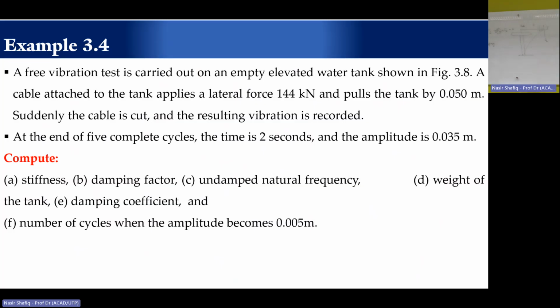As you pull the tank to distance x, you then release the force. The elastic restoring force will tend to return it to the original position, but because of the energy stored when you pulled it, it will start to vibrate.